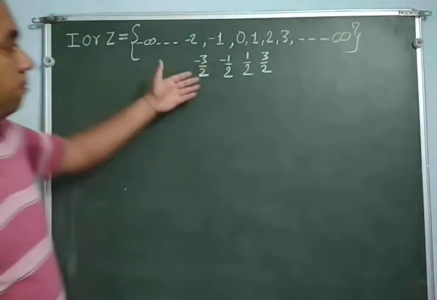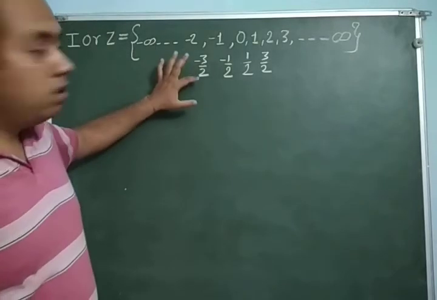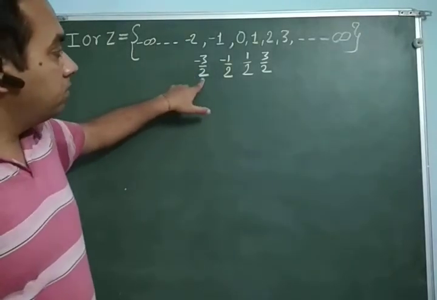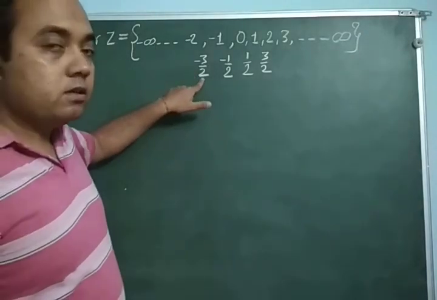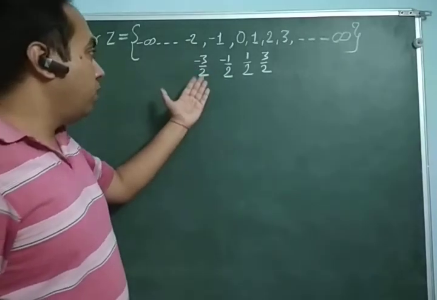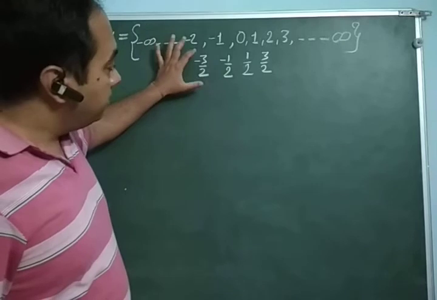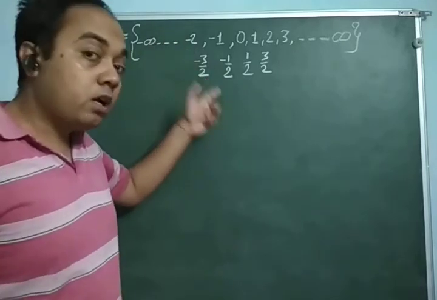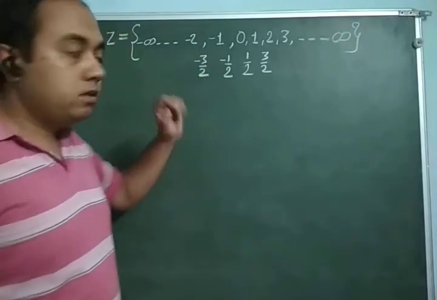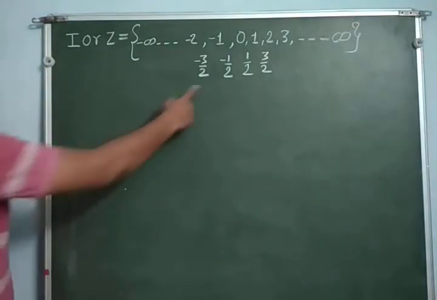Now these numbers are following a ratio pattern, and such numbers are called rational numbers.